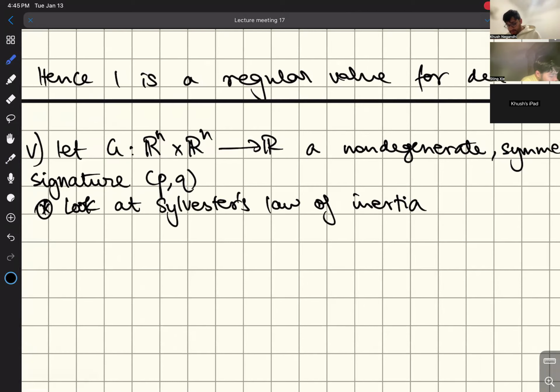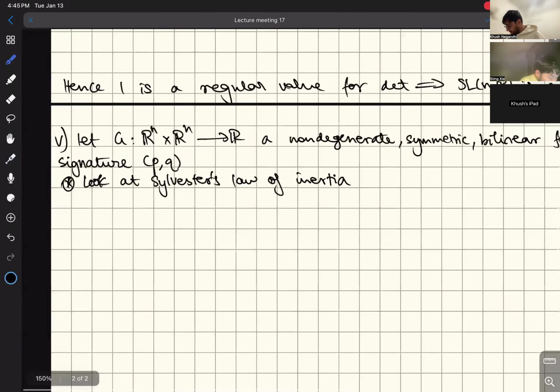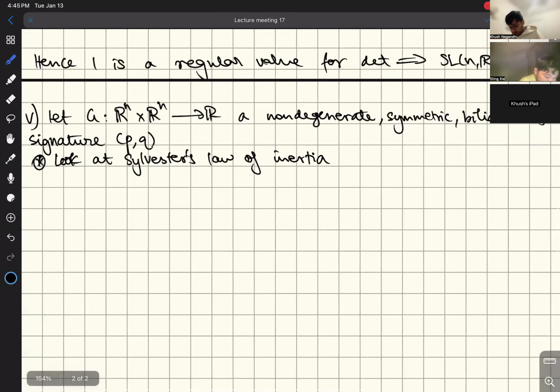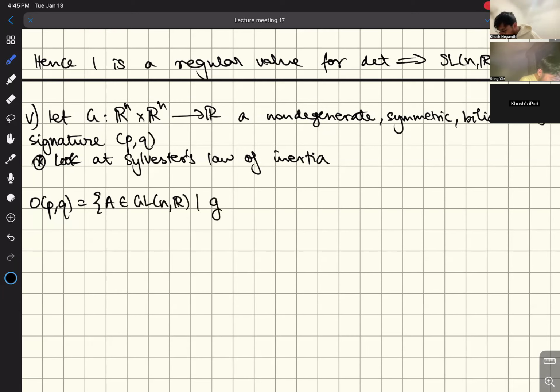Now, what is the corresponding orthogonal group, right? Because we wanted to talk about the orthogonal group. The orthogonal group O(p,q) is going to be the set of matrices in GL(n,R) that preserve inner products, such that G of x, y is equal to G of Ax, Ay.